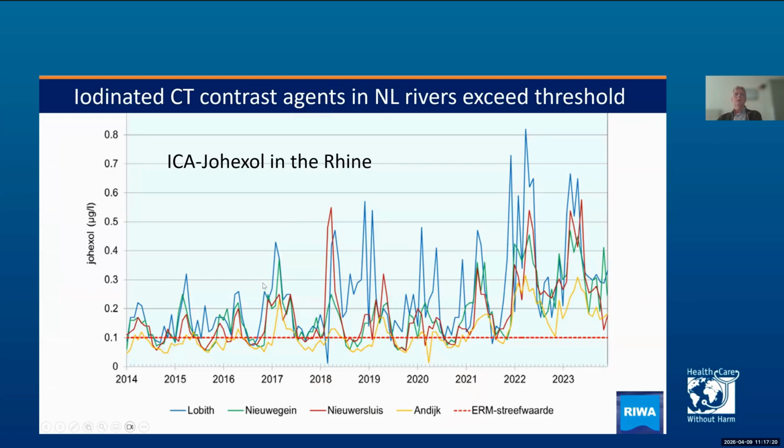Here you can see one of these iodinated contrast agents for CT scans that are used, from 2014 to 2023, and this is the River Rhine. We see a rising pattern, and there is a threshold level for the European River Memorandum, and we see we are exceeding that more and more.